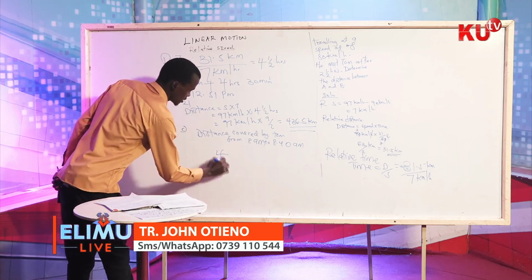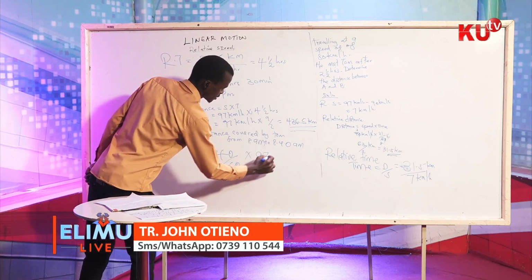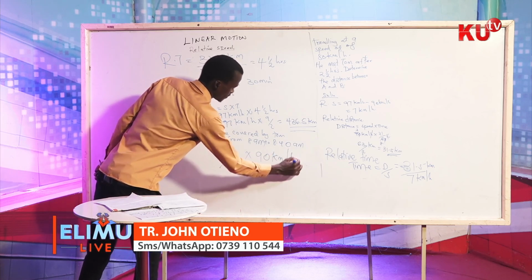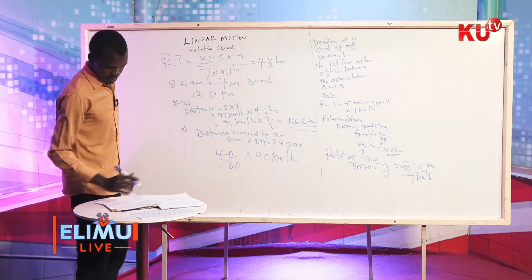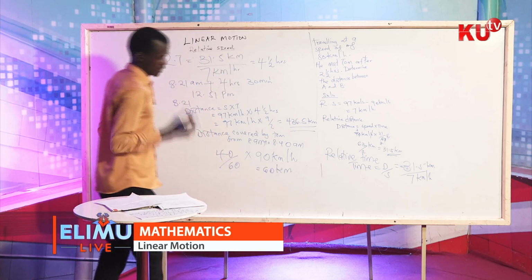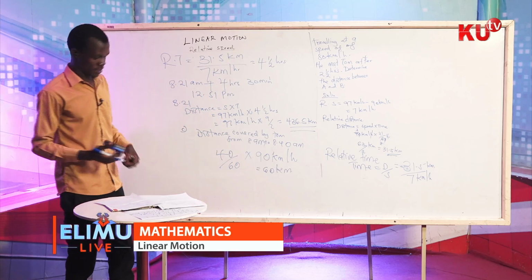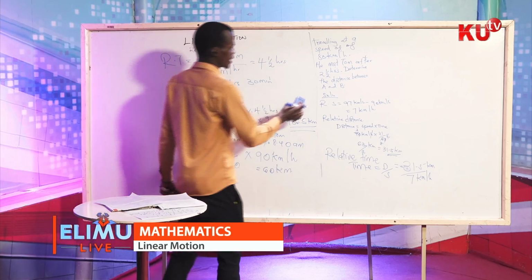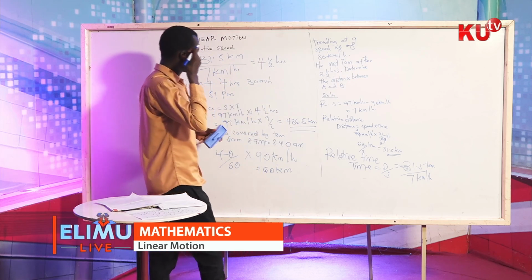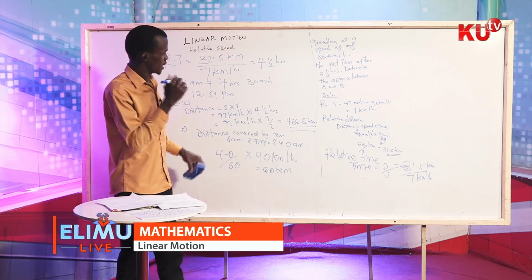So it is 40 out of 60 hours times 90 kilometers per hour. And that will give us 60 kilometers. That is the distance covered by Tom from 8 a.m. to 8:40 a.m. Now we want to find the distance covered by Paul. Remember, Paul is coming from town B to town A, and James is coming from town A to town B.